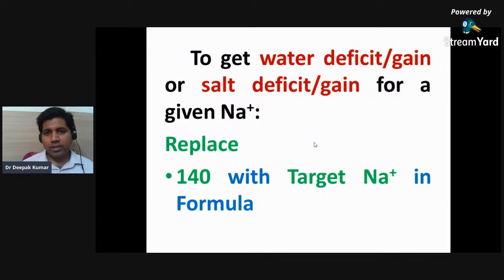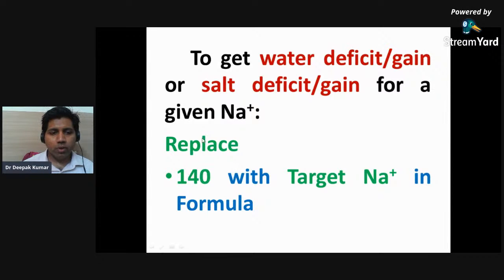Okay, so now, just want to reiterate, to get water deficit or water gain or salt deficit or salt gain for a given value, like you want to identify how much of the sodium is deficit for this patient to get a target sodium of 150, then you can calculate that deficit by using the target that you have chosen and replacing the number 140 in the formula.